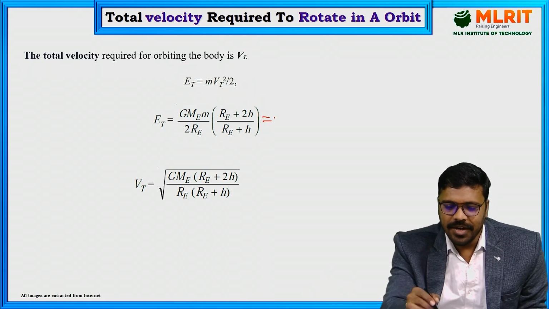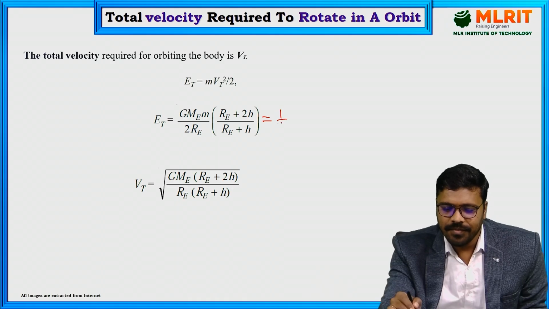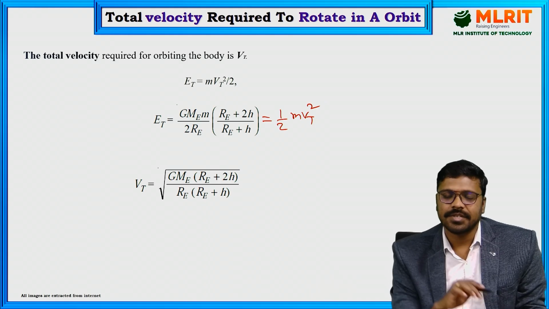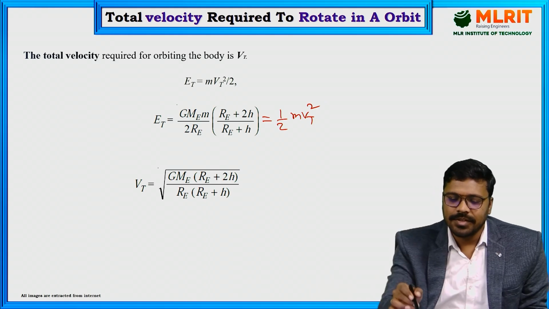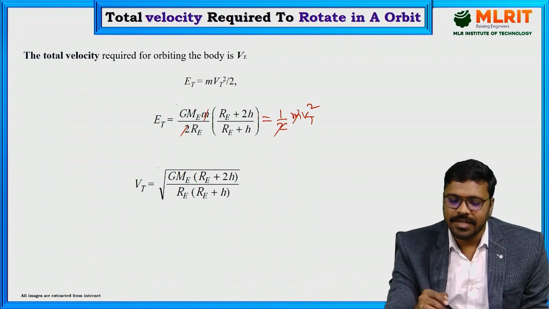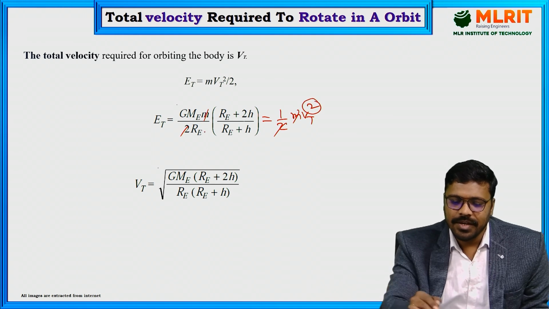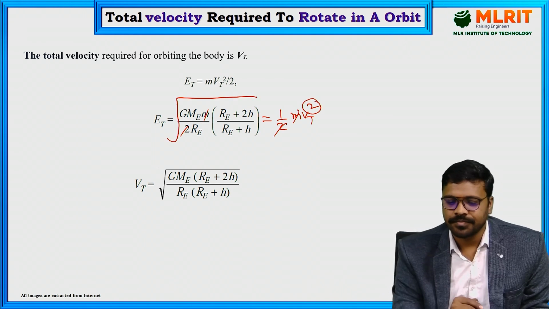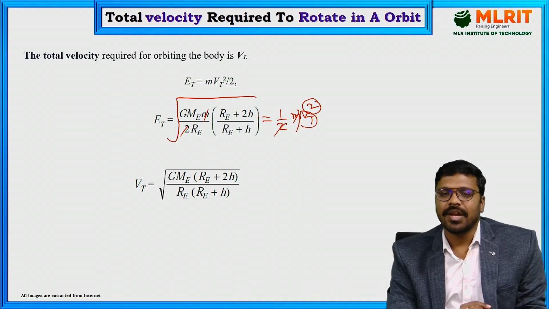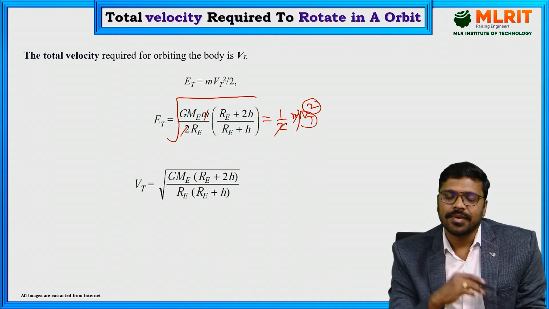So if I equate this, half m Vt squared, which is the kinetic energy I have to provide for the body, then here 2 will get cancelled, m will get cancelled, and whatever the square, it will become under root. And finally you will get the equation for the total velocity required to reach the orbit.